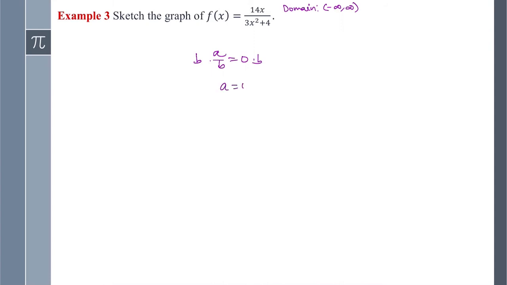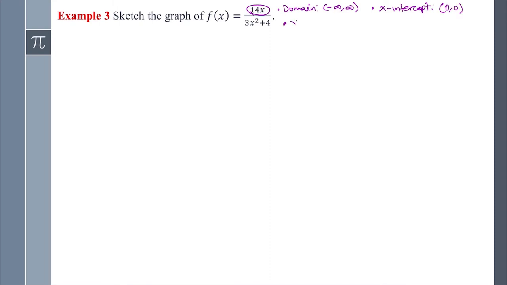So we basically get a equals 0, which means we get the numerator equal to 0 when finding the x-intercept, okay? So to find the x-intercept, we take the numerator equal to 0, which means 14x equals 0, and when you solve that, we get x equals 0, so (0, 0).